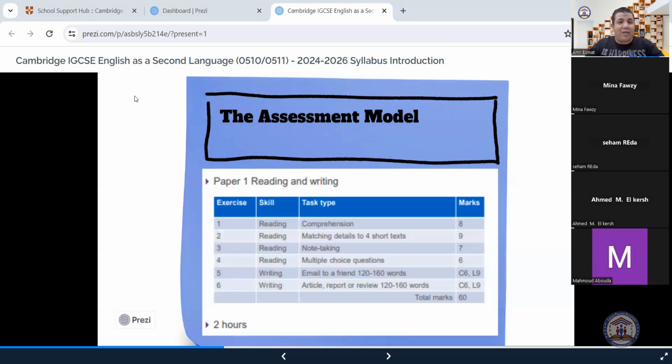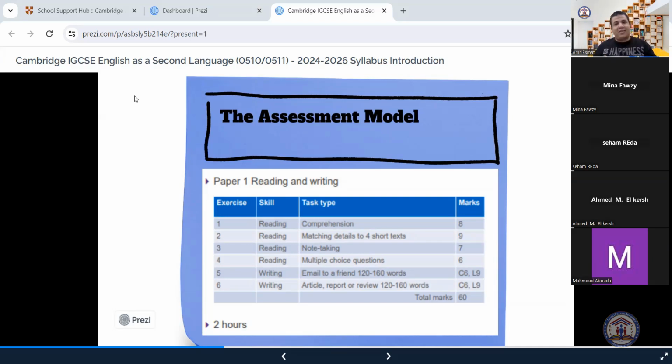Reading exercise 2 is matching details to 4 short texts. These details are 9. You have to match each detail to the paragraph or the text that has a kind of inference or keyword or something that relates to this sentence.